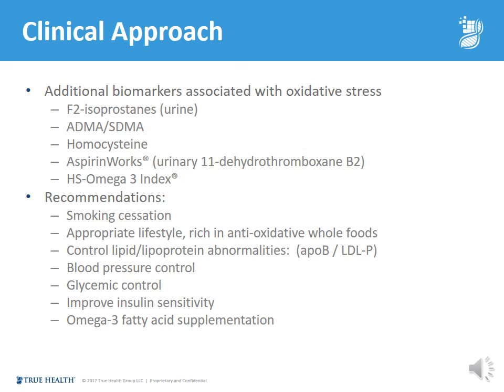Clearly, you'd want to control atherogenic lipoprotein particle numbers in these patients. Blood pressure control is essential to fight endothelial dysfunction and improve nitric oxide. Glycemic control in those where it's abnormal, or perhaps improving insulin sensitivity, should all be a way of fighting these processes. And of course, if there is a deficiency in omega-3s, supplementation or proper diets containing omega-3 acids seem like a logical choice.